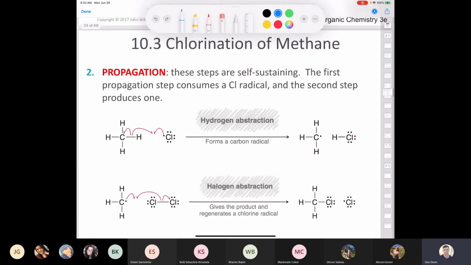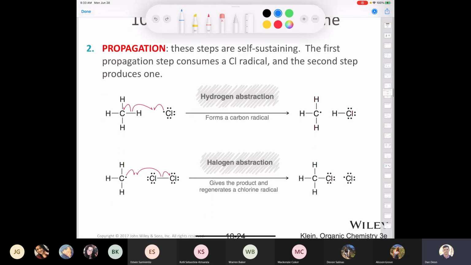So after initiation, what happens next is propagation. The first step of the propagation is a hydrogen abstraction. It says that these two steps are self-sustaining. So we take that chlorine radical and it reacts with the methane molecule to produce a methyl radical and HCl. Now remember, I told you on the last slide that not all of the chlorine gets converted into chlorine radicals.